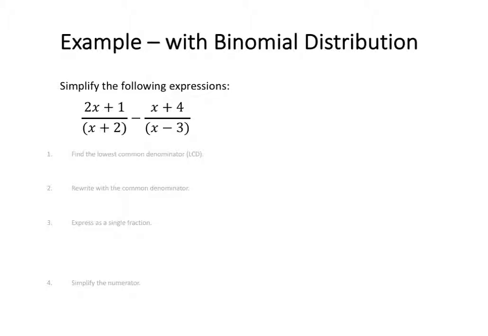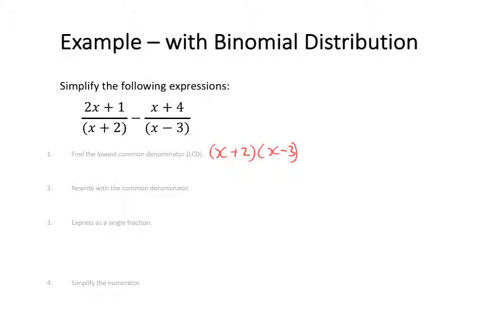Now, the lowest common denominator I'm going to achieve by multiplying my two denominators together. So my lowest common denominator is going to be x plus 2 and then x minus 3. And that is all I need to do for my common denominator. It is going to remain x plus 2, x minus 3.